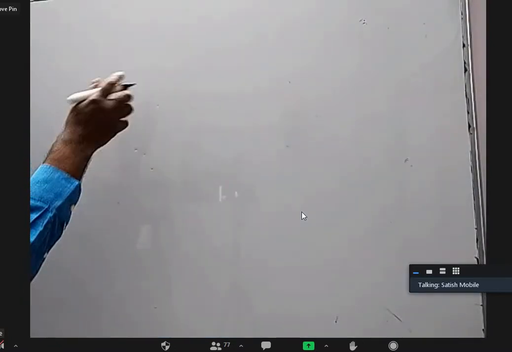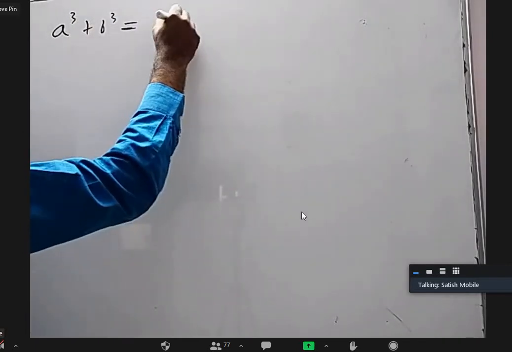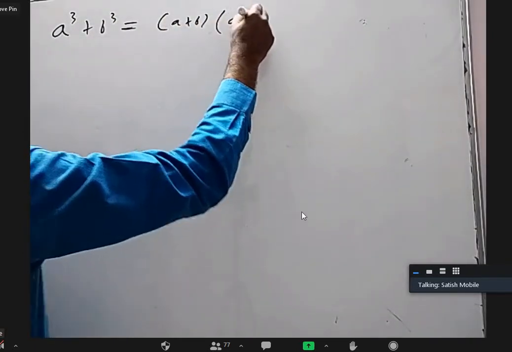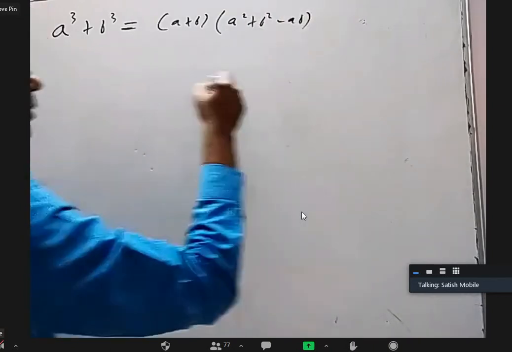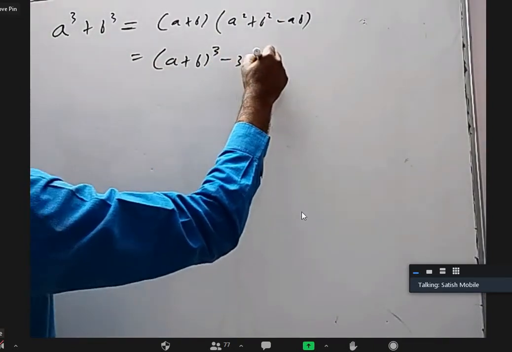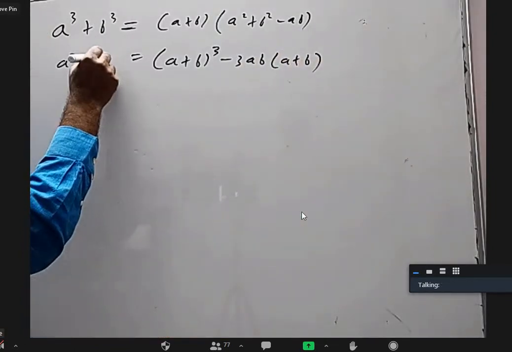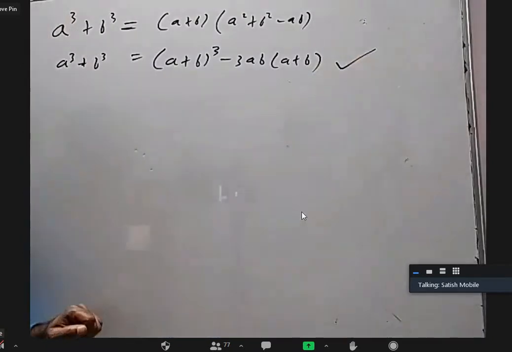Mainly, we are going to use these two formulas. One is a cube plus b cube. Some of you may know this formula, (a plus b)(a square plus b square minus ab). But instead of that, I want to write (a plus b) whole cube minus 3ab into (a plus b). Everybody knows this formula also, right?